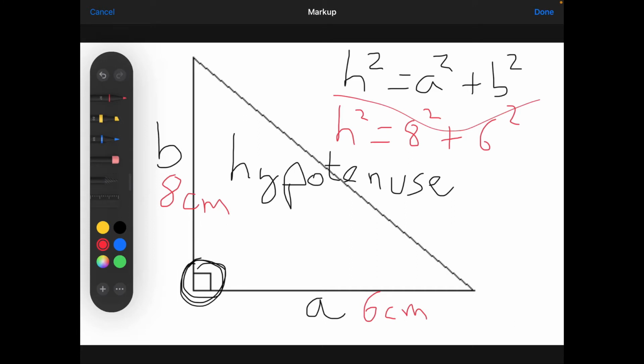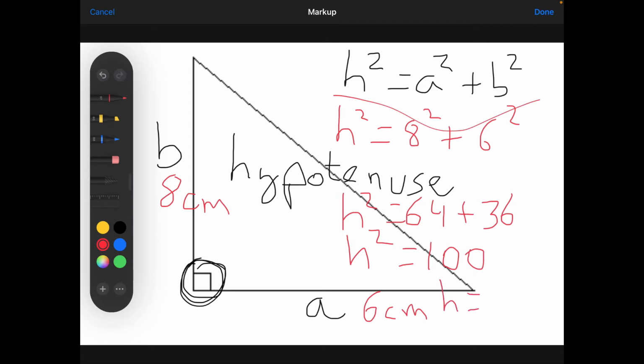So h square is 64 plus 36. So h square is 100. So what's h? Well, then h is going to be the square root of 100, because the opposite of squaring is square rooting. Therefore h must be 10 centimeters. And that is it. That's how you use Pythagoras theorem to find the hypotenuse.